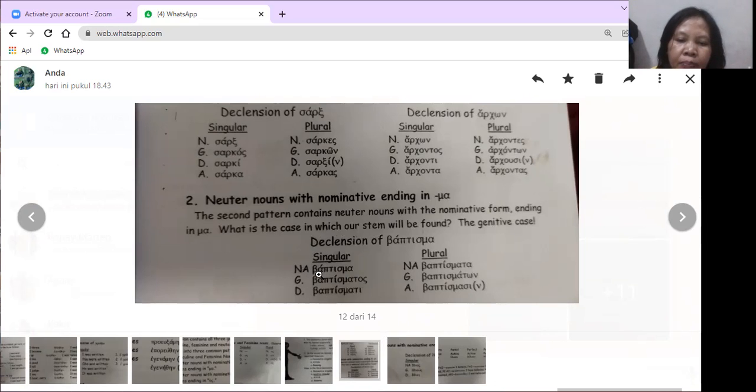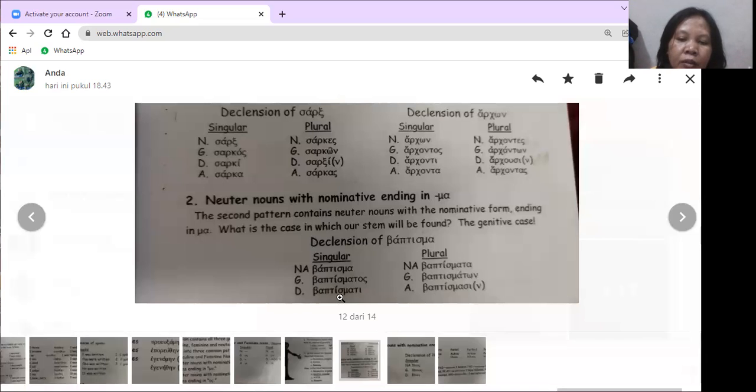Nominative and accusative the same, baptisma, in the singular, and in the plural the ending is mata. Genitive singular, in the ending matos. Genitive plural, in the ending maton.